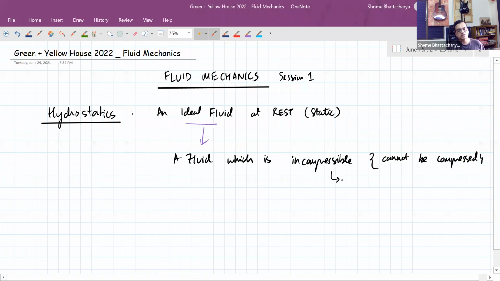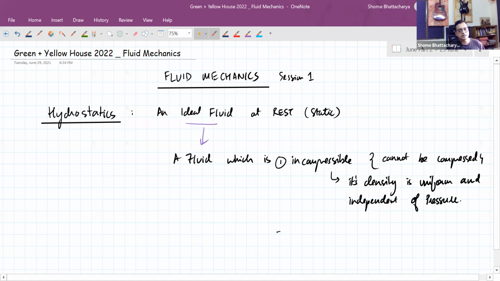What that literally means is that its density is uniform and independent of pressure. Such a fluid is called incompressible. Secondly, it is what we call non-viscous.